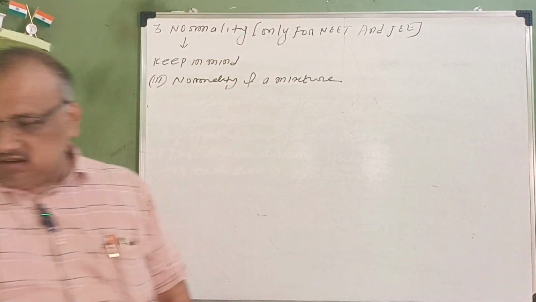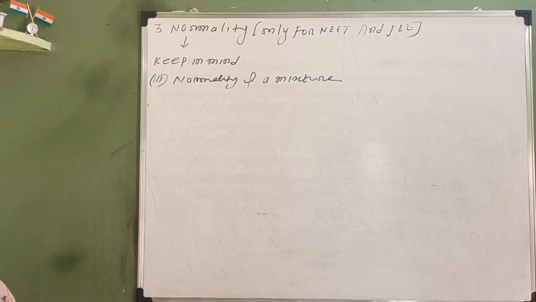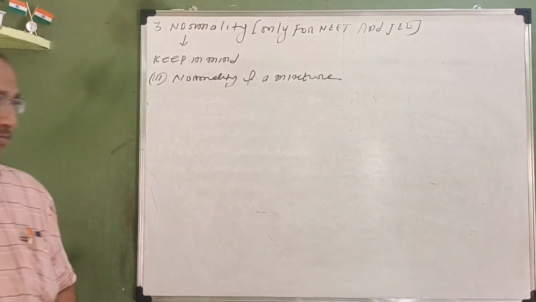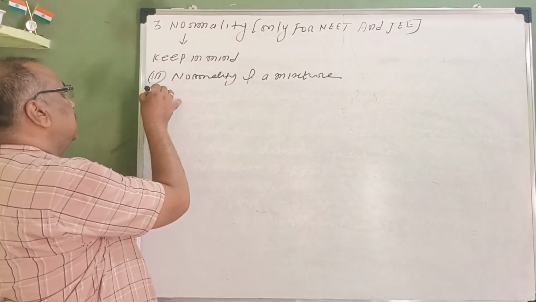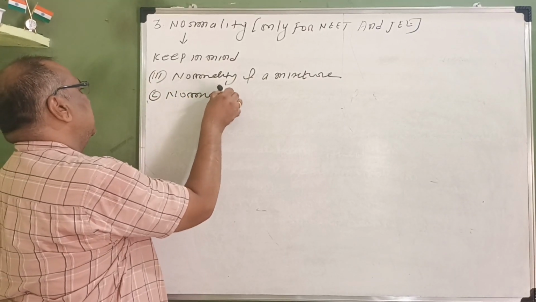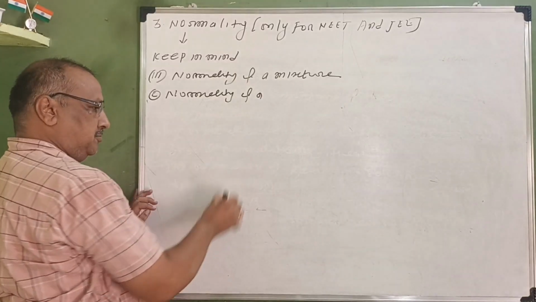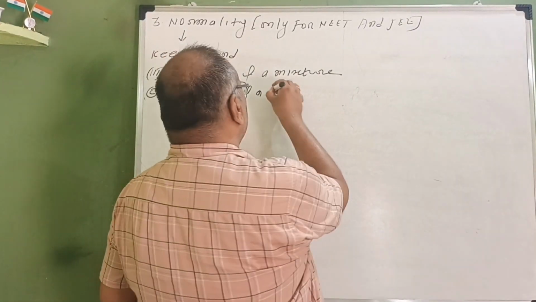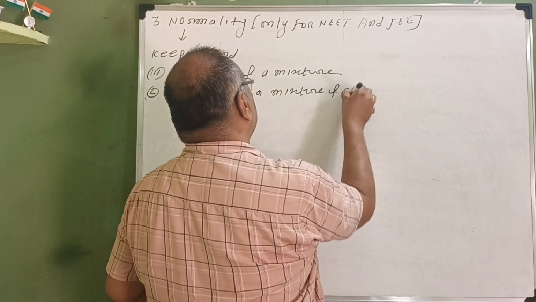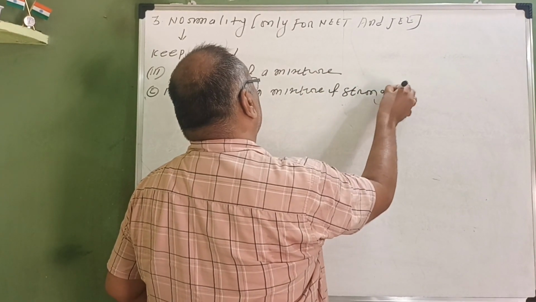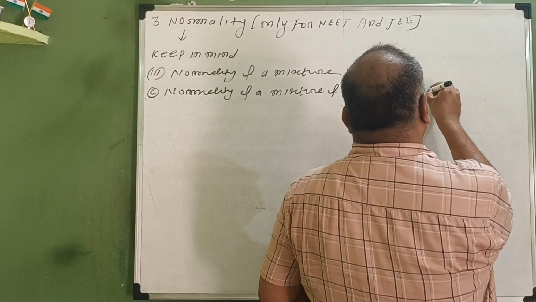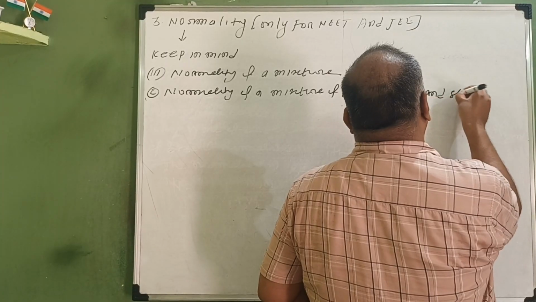Now here write down third case. Normality of a mixture of strong acid and strong base.